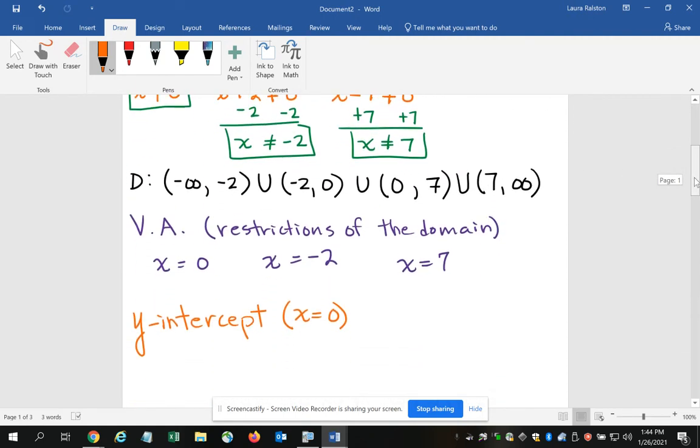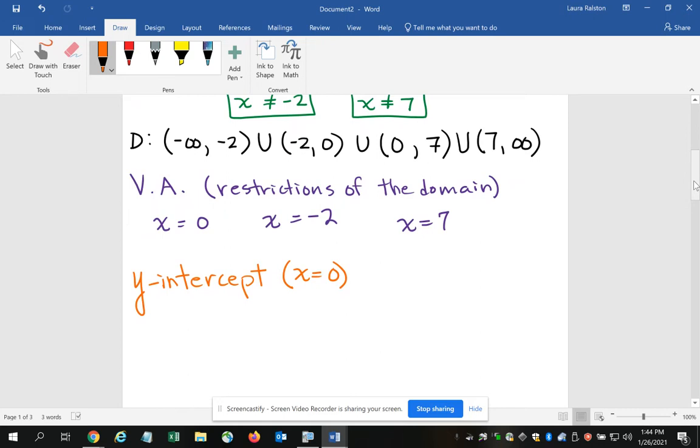So if I go back to the original function and substitute 0 in place of x, I would have 0 squared plus 7 times 0 over 0 cubed minus 5 times 0 squared minus 14 times 0.